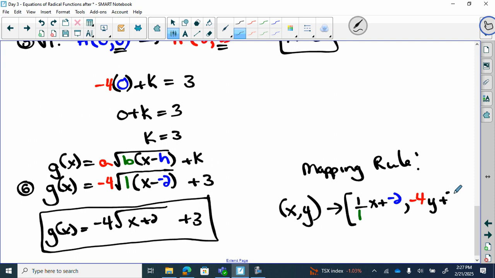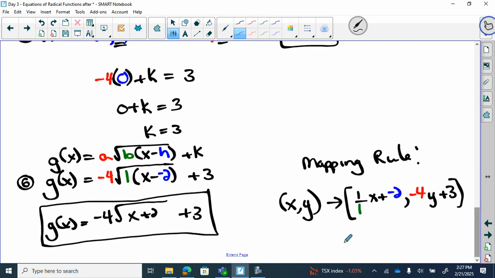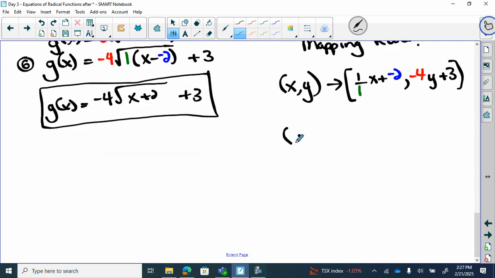What's k? 3. And if I clean this up, I'd end up with the following. x minus 2. 1 over 1 is 1 times x is x. Plus -2 is like saying x minus 2.